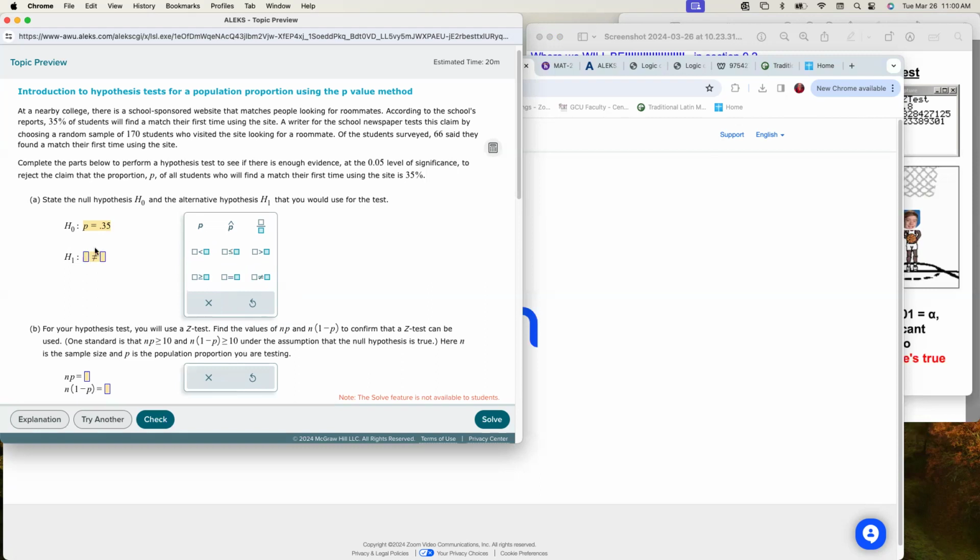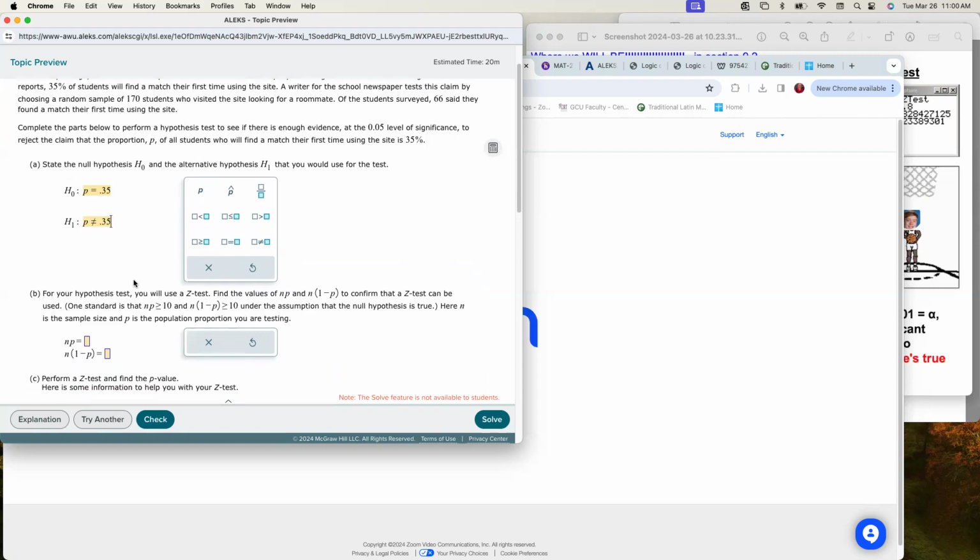Sometimes you'll see the word differs, which implies: does the true percentage differ from 35? So I'm going to put in here the P and the 0.35, and that would be for my hypotheses.